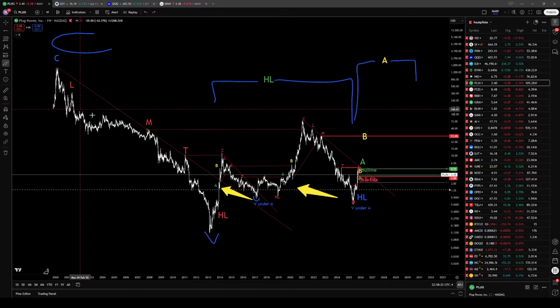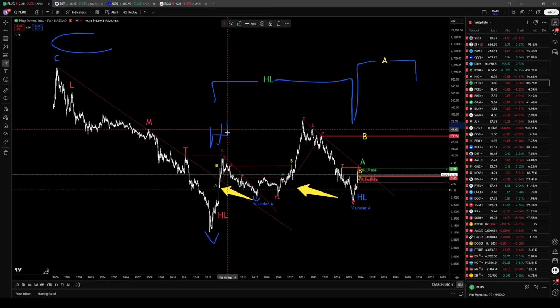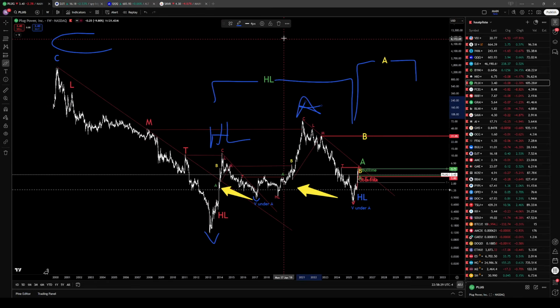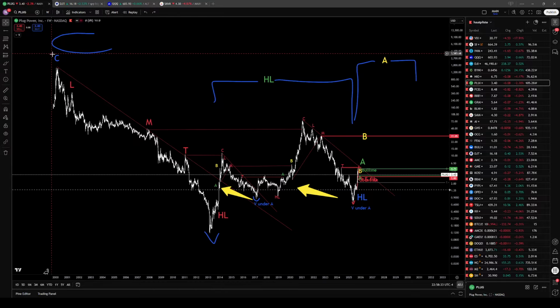Why is that not higher low and A? Same thing, because we are lower here. So for the smaller tracking, see, you come down, do your V, perfect. First fractal finished, higher low.